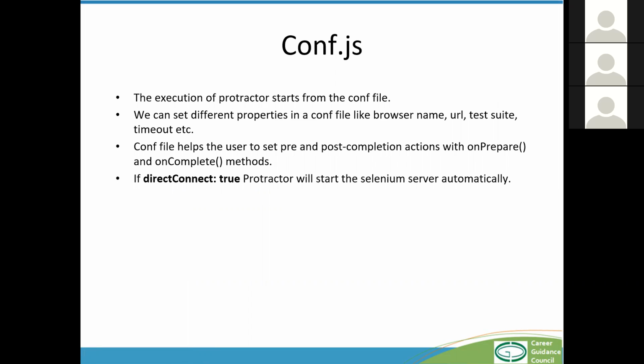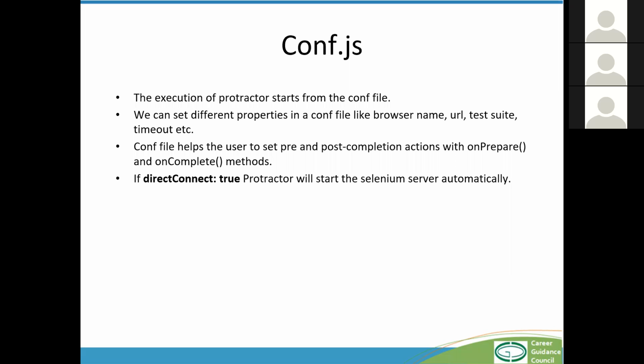Then config.js we need. Config.js, as I told you, execution of Protractor starts from the conf file. And in config, we can give different properties, like you can mention your browser name, URL, what kind of framework you are using, Jasmine or Mocha. Timeout, if you have to handle some timeout issues like default timeout setting, you can give the timeout here. You have two methods called onPrepare and onComplete.